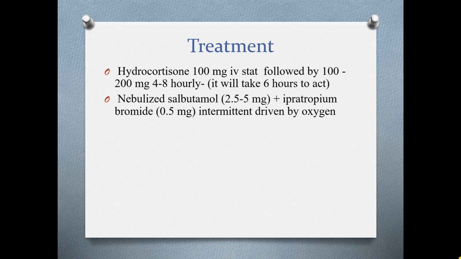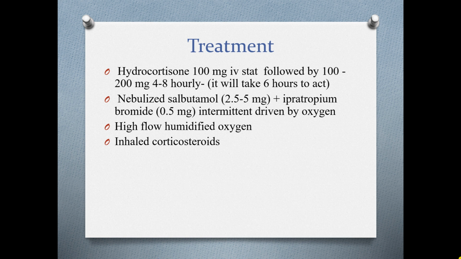A nebulizer is an electronic device which will take the desired drug directly into the respiratory tree. So salbutamol along with ipratropium bromide is to be given in nebulized form, and you give oxygen as and when required. High flow humidified oxygen is to be started only after salbutamol, because now the bronchi are dilated and oxygen will reach the blood.